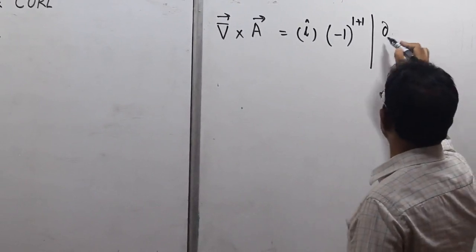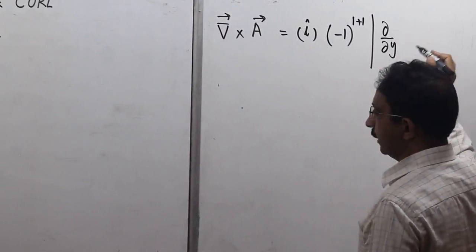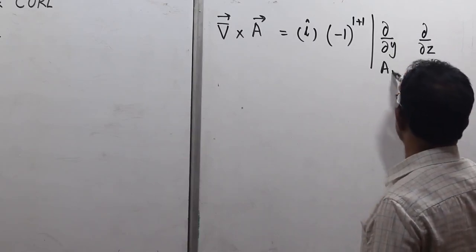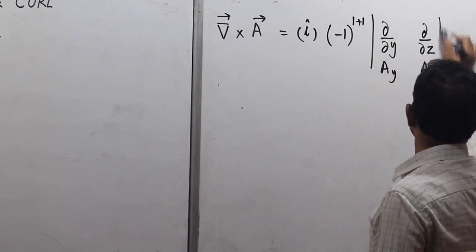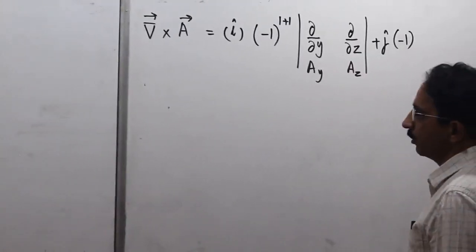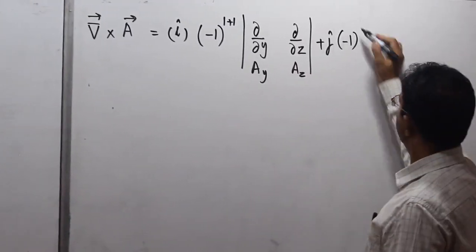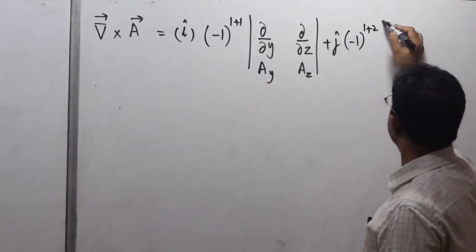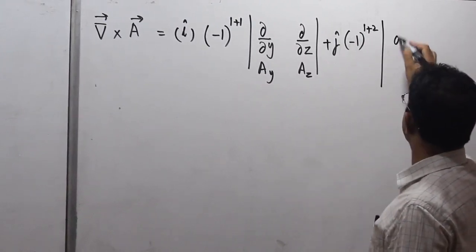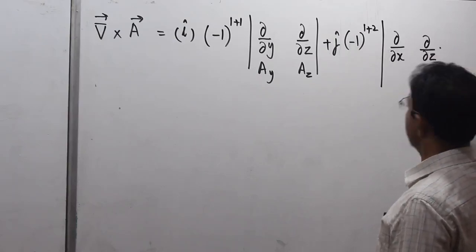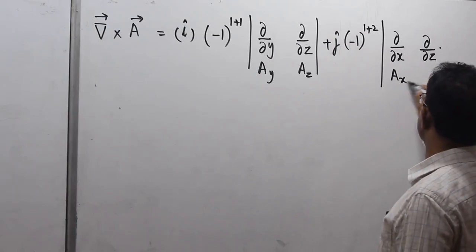So this would be dou over dou y, and then dou over dou z. Here you have ay, az. Then go to the second element. This gives you j cap, first row, second column, cut the column, cut the row. So that gives you dou over dou x, dou over dou z, and here you have ax, az.